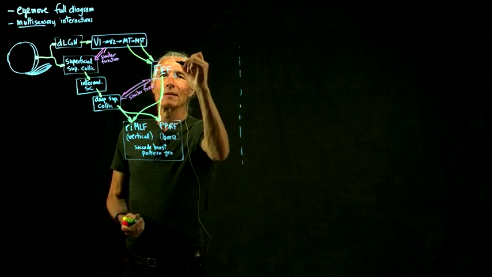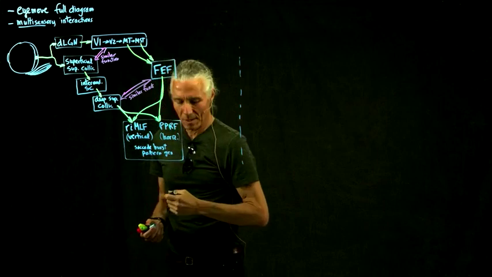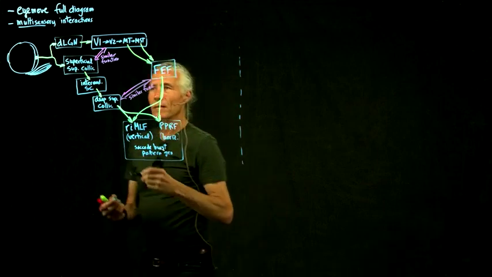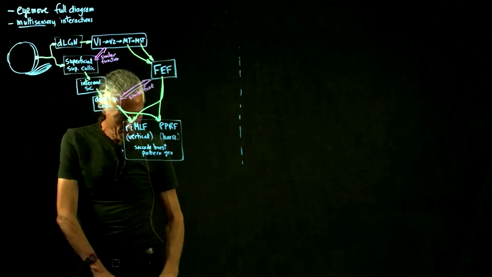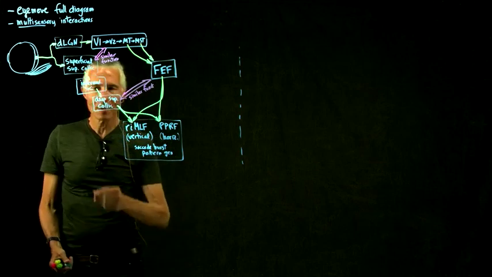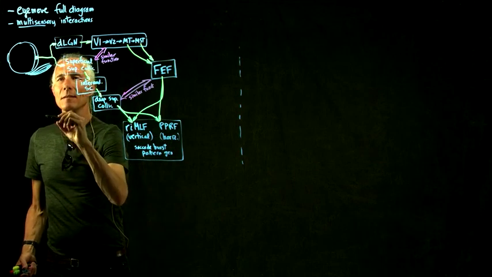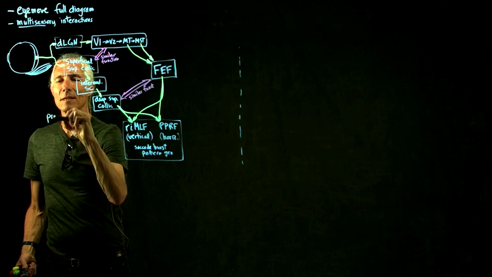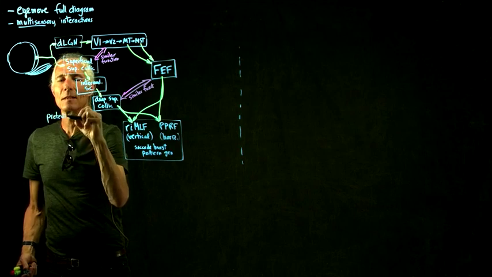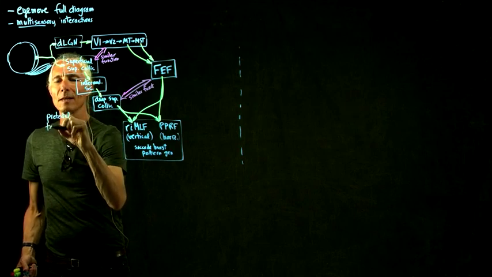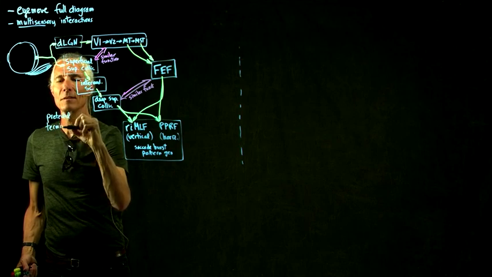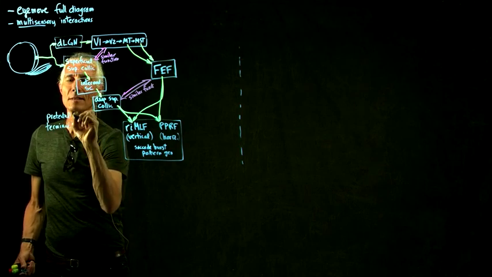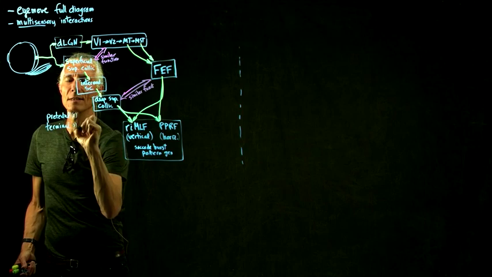But remember, I separately drew the other circuits, because there's an input to the pretectal nuclei and the terminal nuclei. There's three of those, say two pretectal, three of these guys.